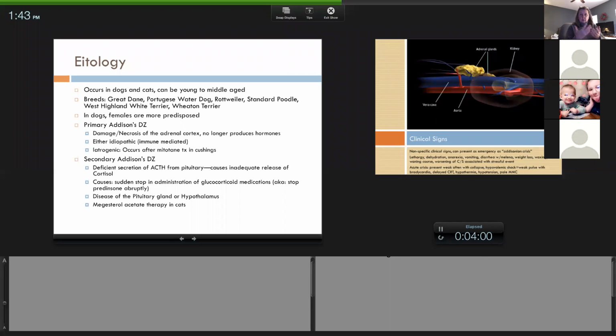And then if you abruptly stop, then you're relying 100% back on that gland to produce that glucocorticoid. If we wean the animal, then that gland should slowly start to produce its own glucocorticoid.